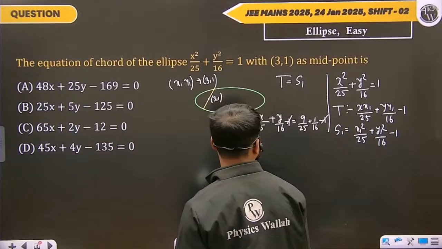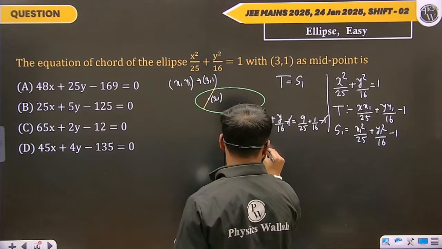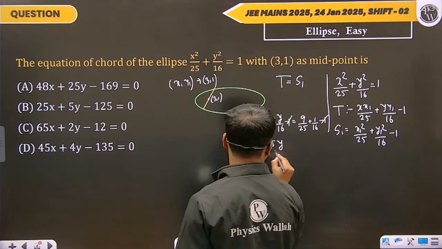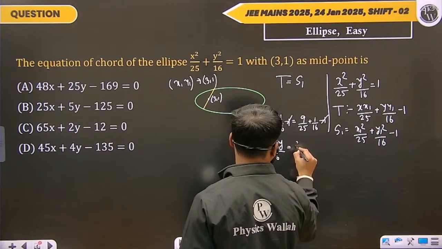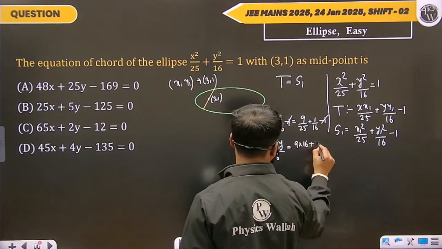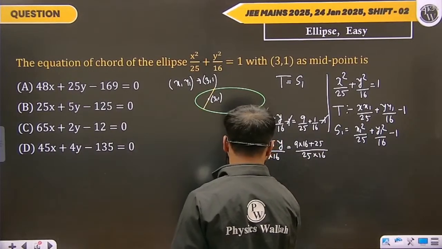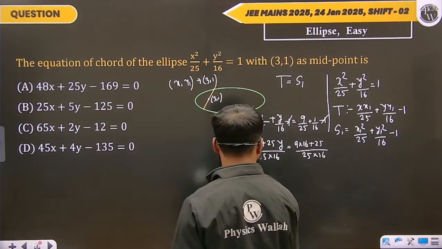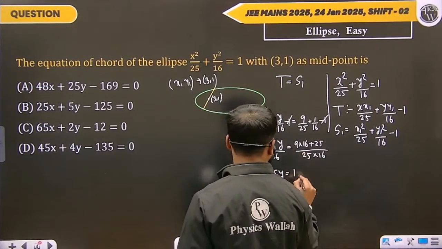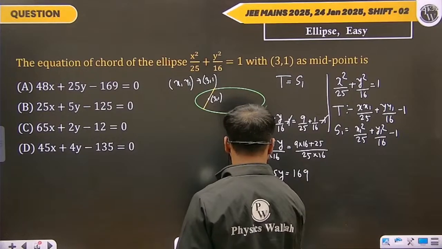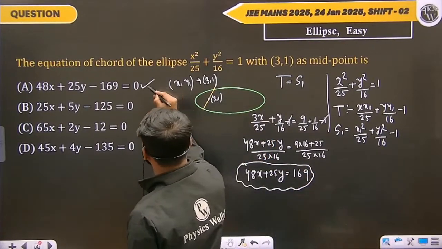Here the 1 will cancel out, and let us have a look. 48x plus 25y upon 25 into 16 is nothing but 9 into 16 plus 25 upon 25 into 16. So your answer will be 48x plus 25y equal to 169. So your option number A will be correct.